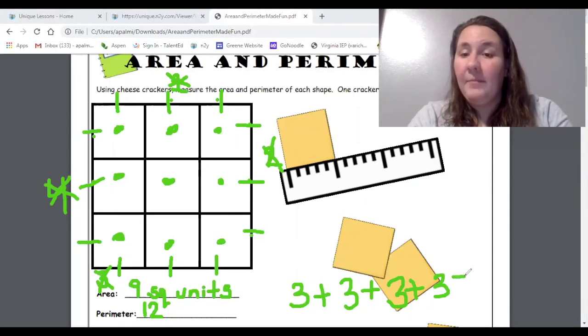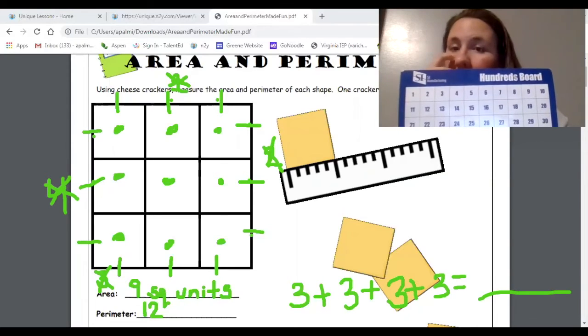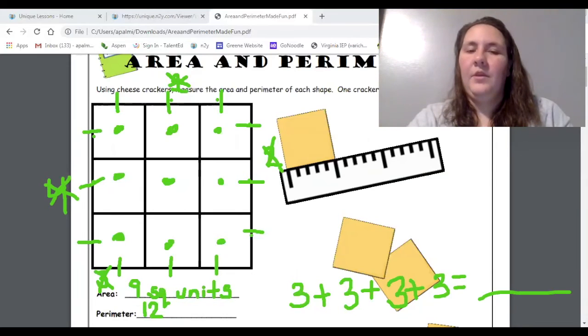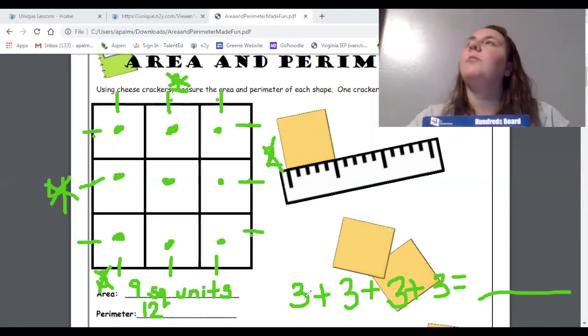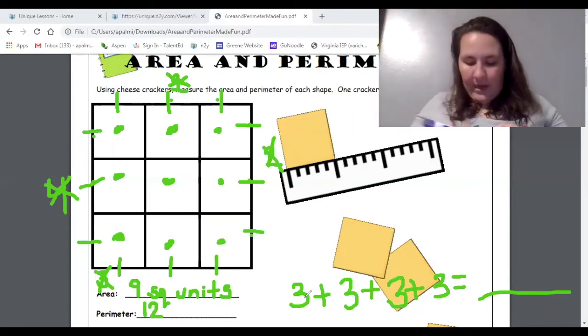So now I'm going to write my equal sign, okay? So I need to know what this adds up to. So I have my handy dandy hundreds chart. And I'm going to start on what number? Yeah, I'm going to start on my first number, number 3. Okay, I'm going to circle my number 3, because that's where I'm starting. And that's my first side.